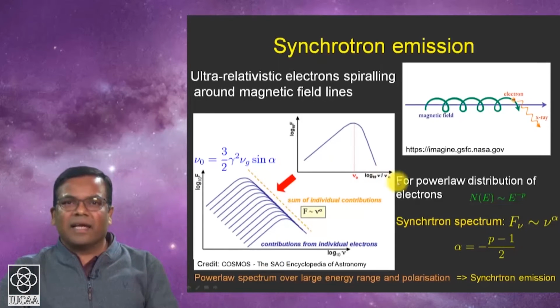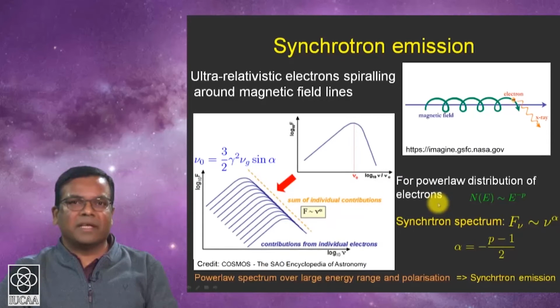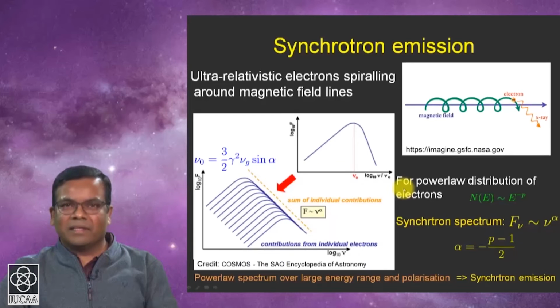In general, in astrophysics, there is usually a power law distribution of electron energies. So, if a single electron has this kind of spectrum here, then electrons which have a power law energy distribution will give rise to different single electron spectra.